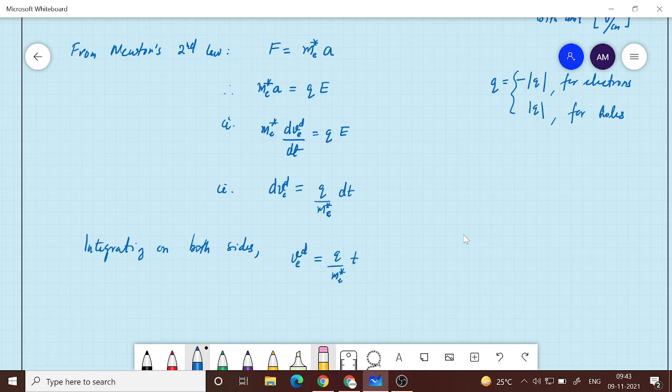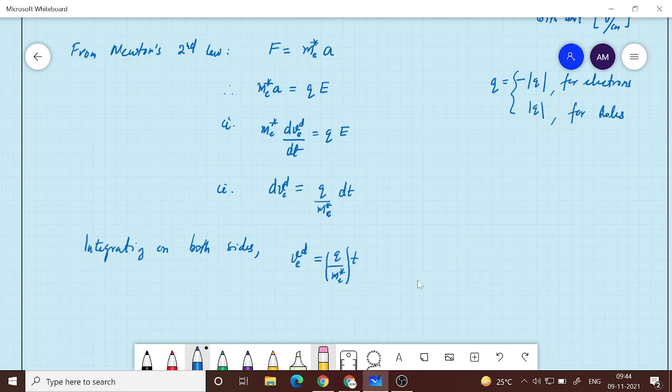that T is the time when force is applied, and as a result electrons start accelerating, and its velocity is proportional to time. Now in this picture it looks like the electron is going to continue to increase its velocity and keep on increasing its velocity, and if that is the case, then it can even cross the velocity of light.